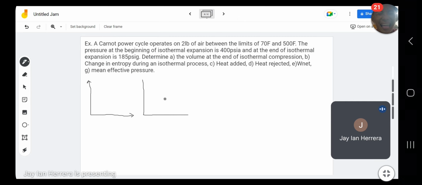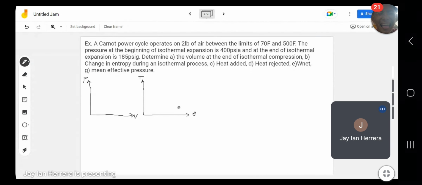The processes, maski hindi, kasi 2 points lang naman yan. For Carnot, mas magandang diskarte is unahin natin ang TS since dalawang constants dito: 2 isothermal and 2 isentropic.